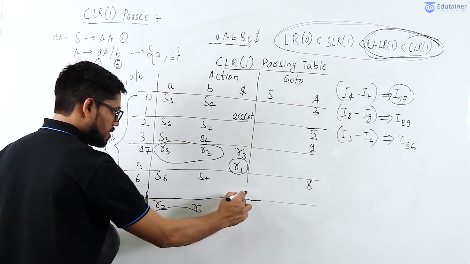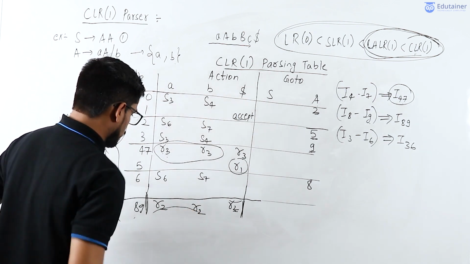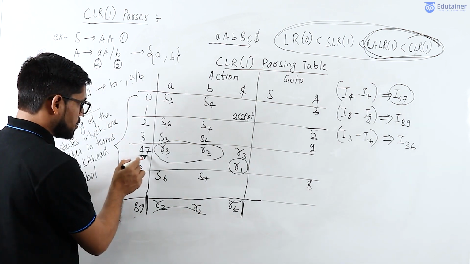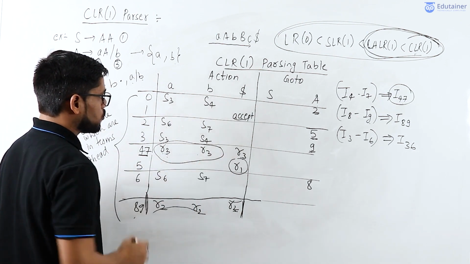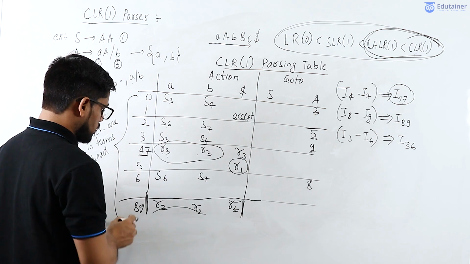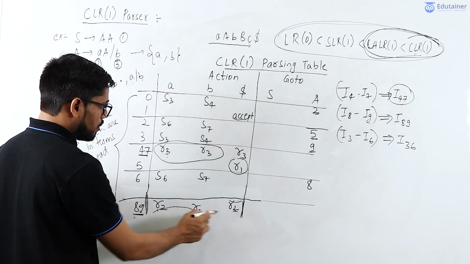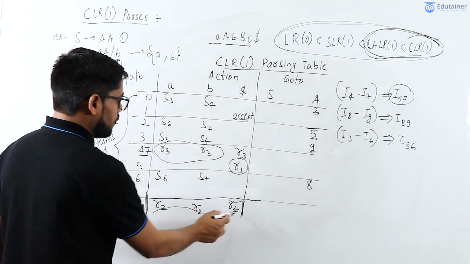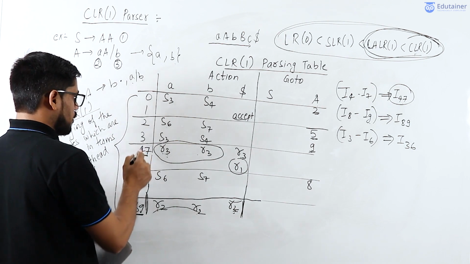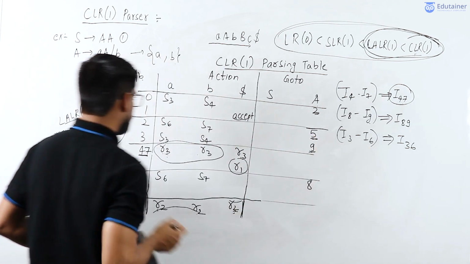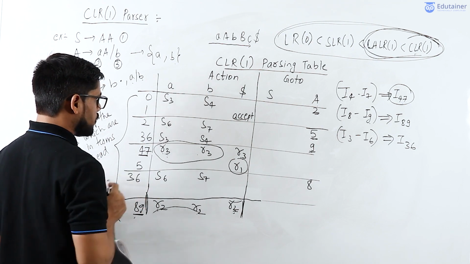So the CLR1 parsing table is over. Here the merged state is 4, 7. It contains R3 reduce moves in the entire action group. Similarly, in the 8, 9 merged state, the entire row contains R2 as the reduce move. And coming to the state I3, 6: it contains 3, 6, and here it also contains 3, 6.